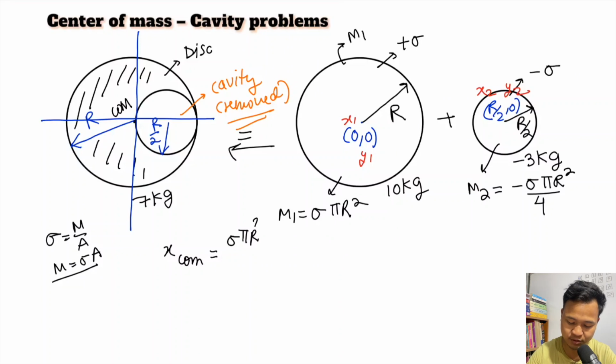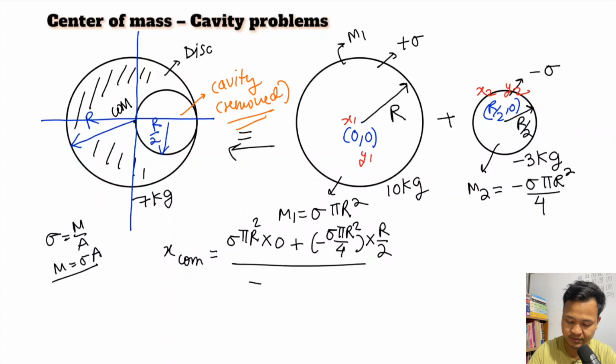M1 is sigma into pi r square, x1 is 0, plus m2 is minus sigma into pi r square by 4, into x2, which is r by 2, divided by m1 plus m2. So sigma pi r square plus minus sigma pi r square divided by 4. Okay, solve that.